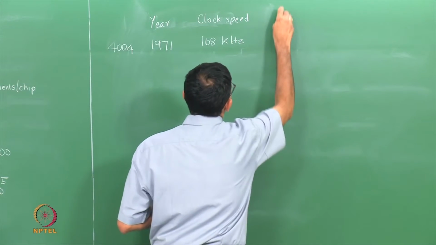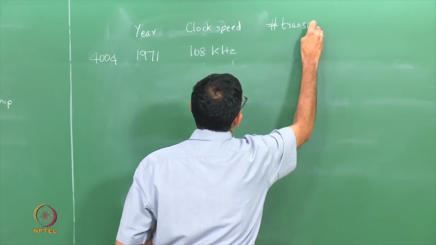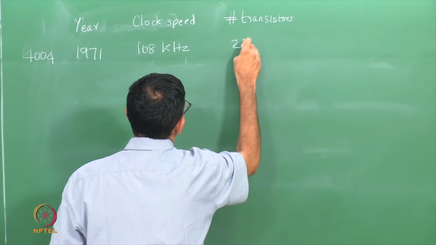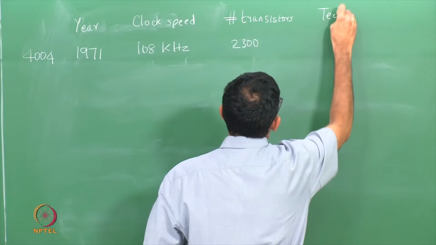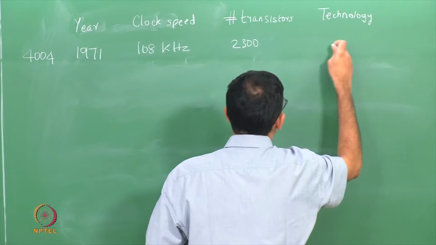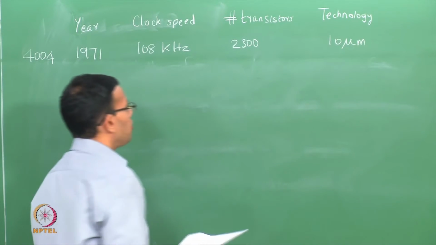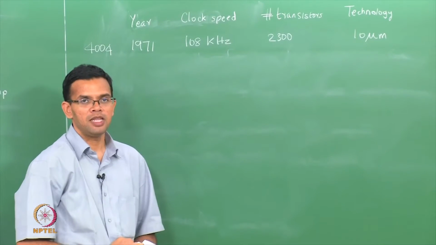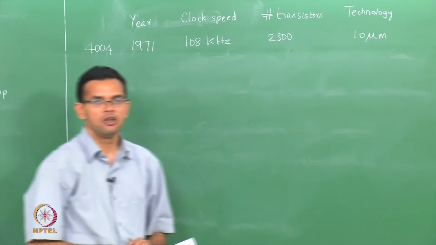The number of transistors is 2300, and the technology is called 10 micrometer technology. So, 10 micrometers refers to the feature size. That may not be the exact feature size, but it gives you an order of magnitude of the size of the components.